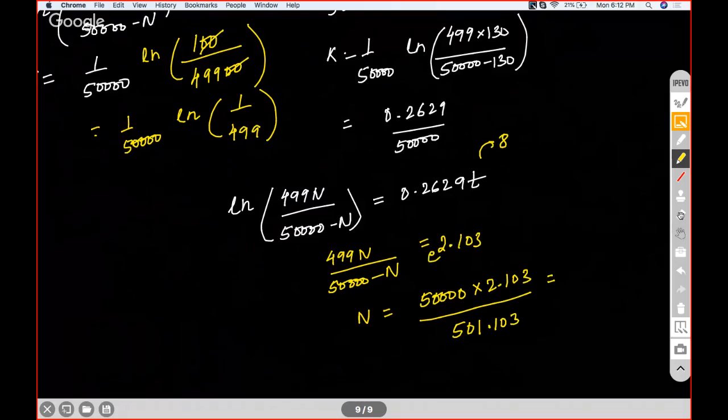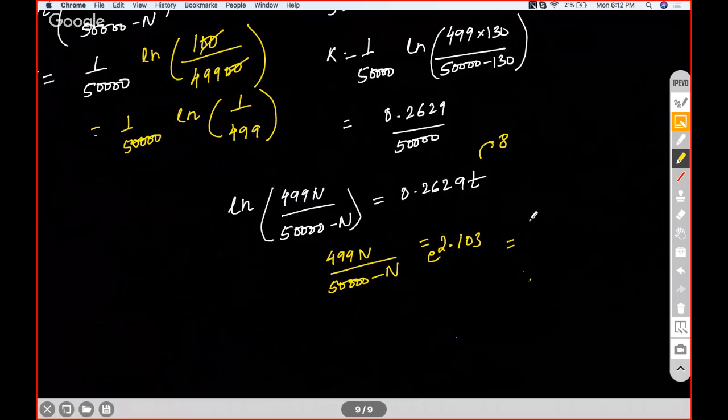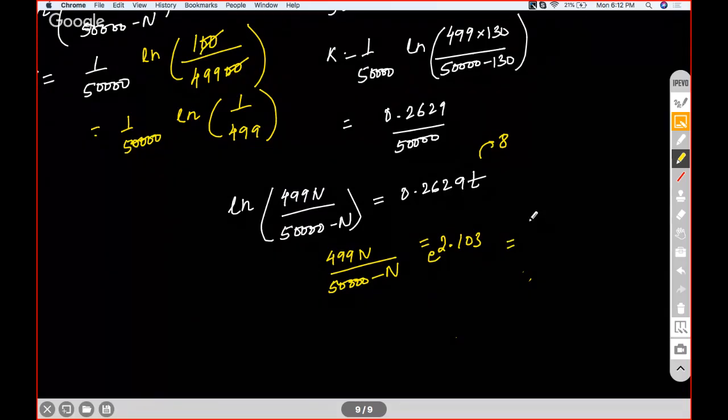Just make some slight change over here. This value I'll recalculate once again. e to the power 2.103 will be 8.19. Yeah, now just recheck.